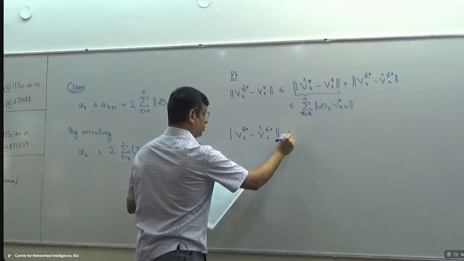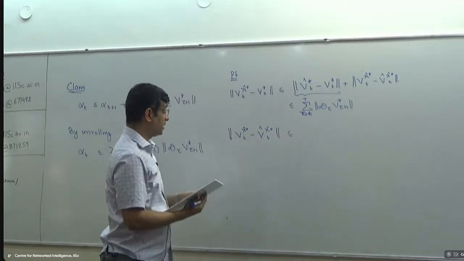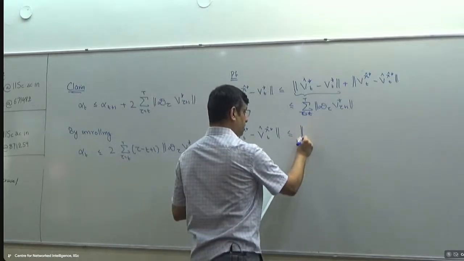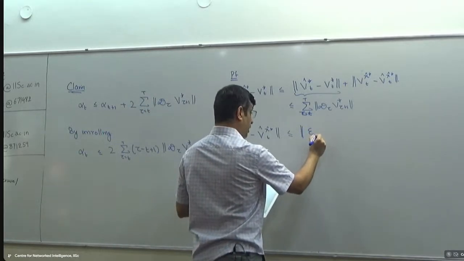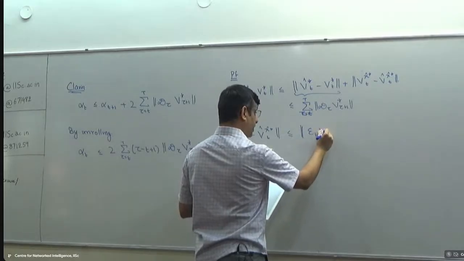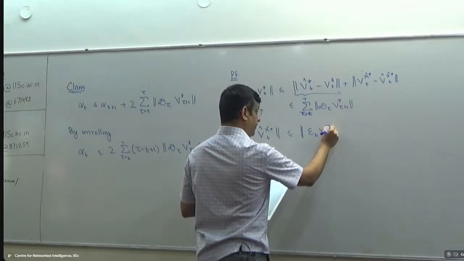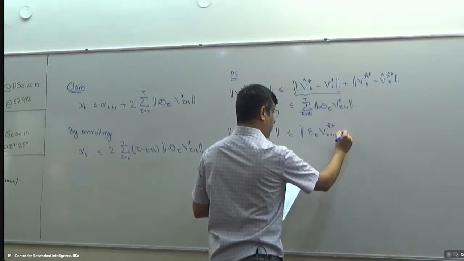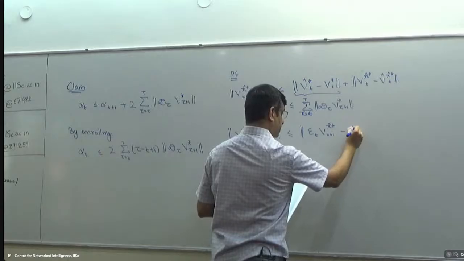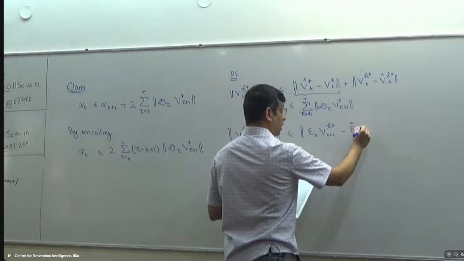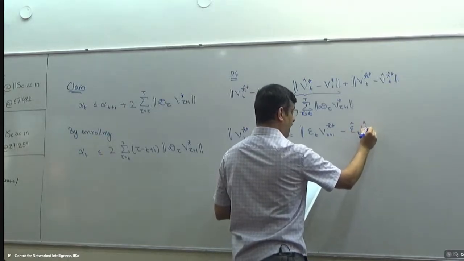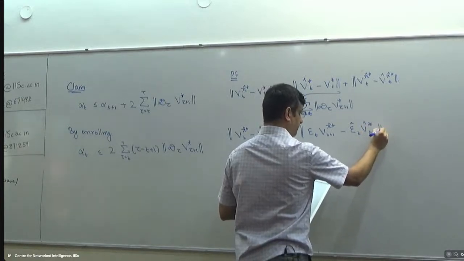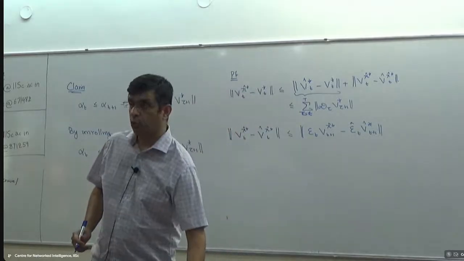I know from the non-expansive property and the fact that they are using the same policy that this is going to be less than the environment operator applied on V pi hat star t plus 1 minus the environment operator in the hat model applied at V hat star t plus 1. So I've done two things here.